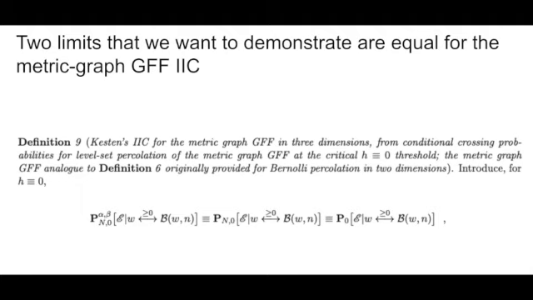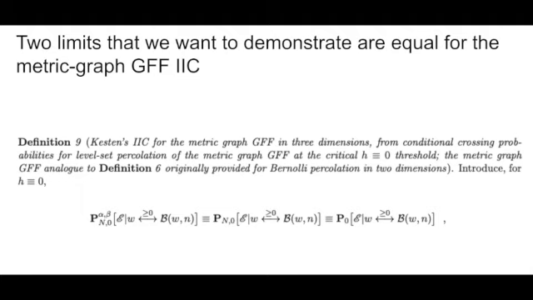Okay, and so the two limits that we want to demonstrate are equal for the metric graph IIC are the following. We're going to introduce both of the limits individually, and then we'll compare them side by side and talk about what we can do.